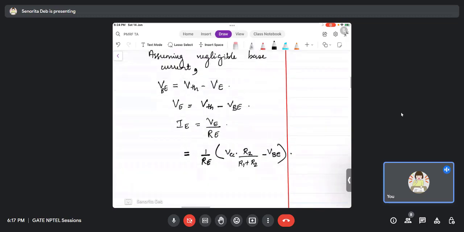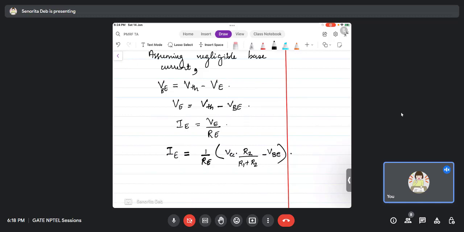Okay. So now how can this result be made less sensitive to VB variations? Because now you can see that there is a dependence, right? If the voltage drop across RE is large enough to absorb the variation, then the IE or IC is approximately constant.